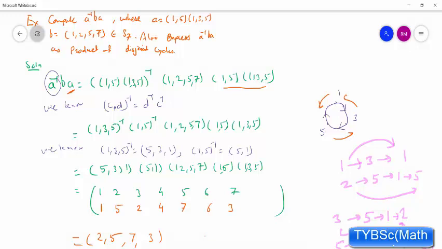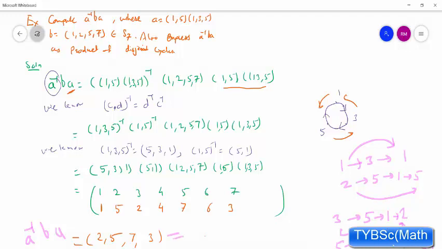So 2 goes to 5, 5 goes to 7, 7 goes to 3, and 3 goes again to 2, meaning the cycle returns. We write this up to the first element. So we get the value of A inverse B A is equal to this.